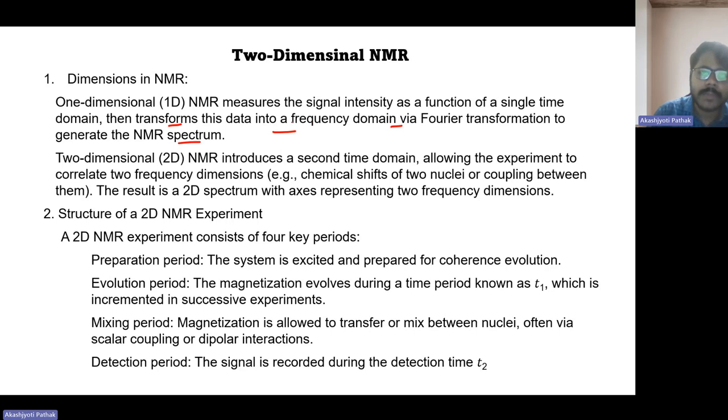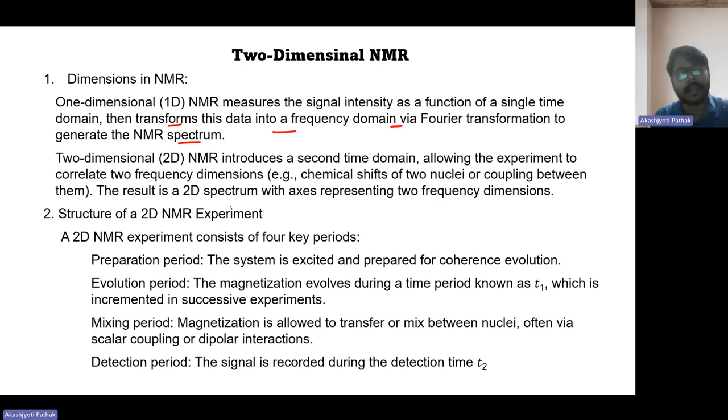It is one-dimensional because we are measuring the nuclear spin of only one nucleus, say only proton or only carbon or nitrogen. We measure its frequency, and after measuring its time domain signal, we use the Fourier transform to get a frequency domain signal.